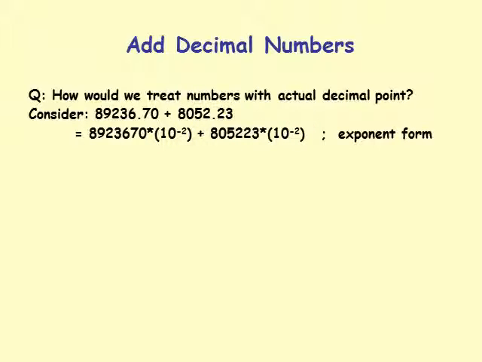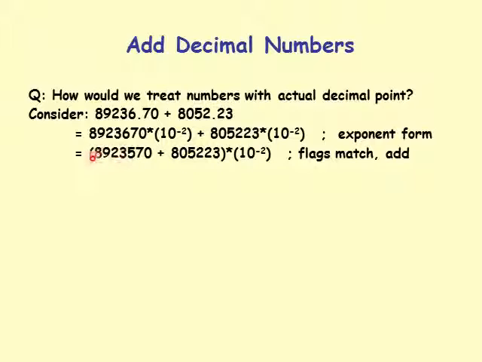Let's continue. It's just like algebra here. The flags match. Both flags are -2, and these are the coefficients, 8923670 and 805223. So we add the coefficients like we studied in the algebra video, and we keep the flag, which was the exponent value, 10 raised to the power -2.